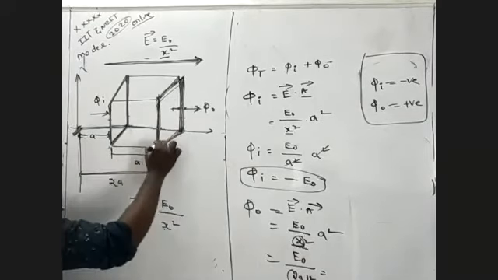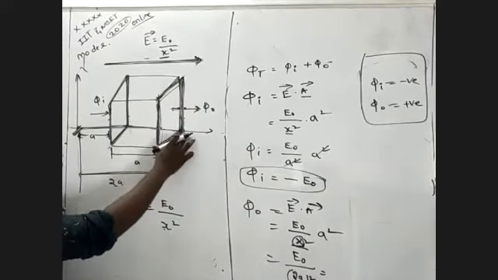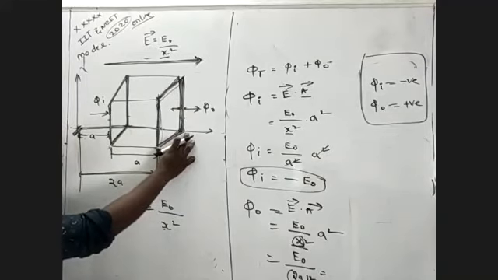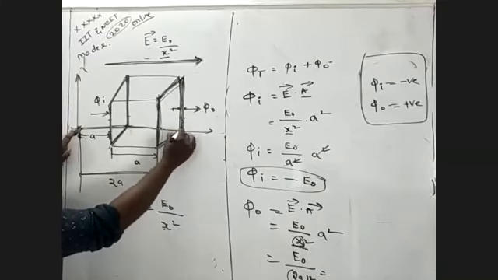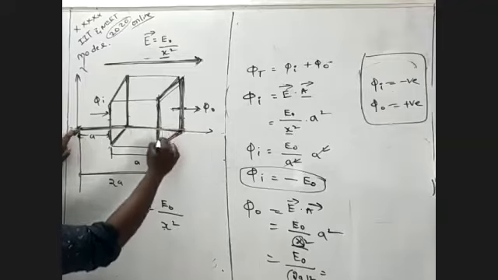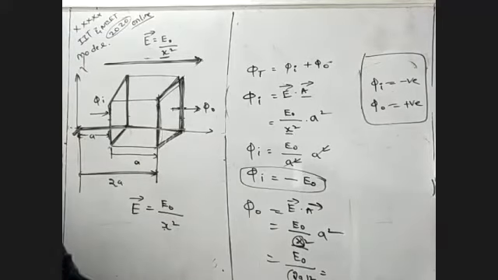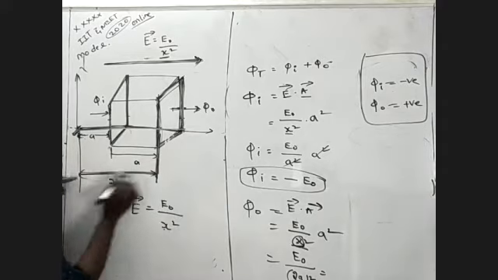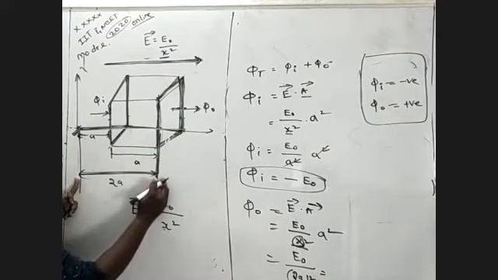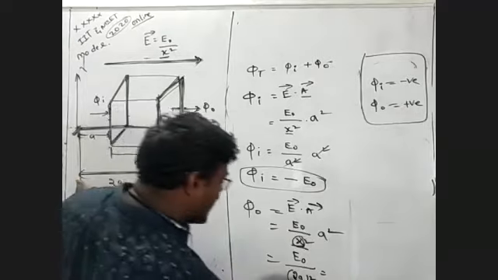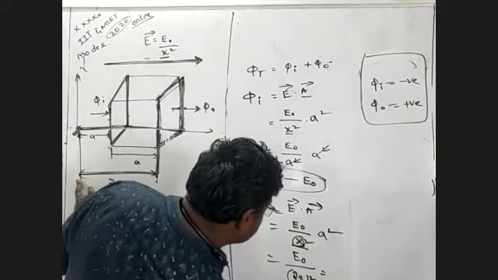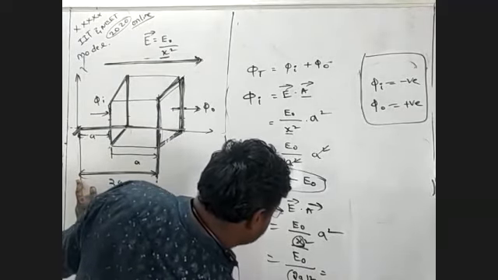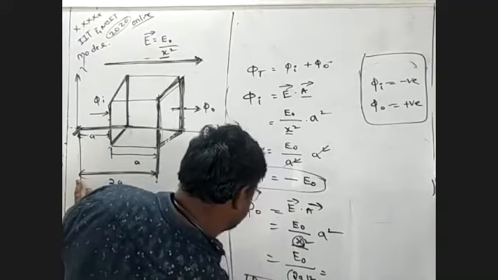This square is present here, and this is the origin point. What is the distance between the origin point and the square? It is 2a. I'm taking 2a. So this is E naught by 4a square. This is the final.